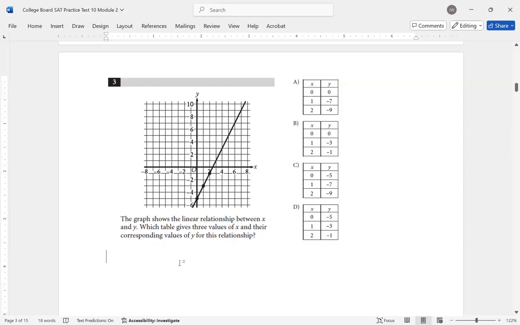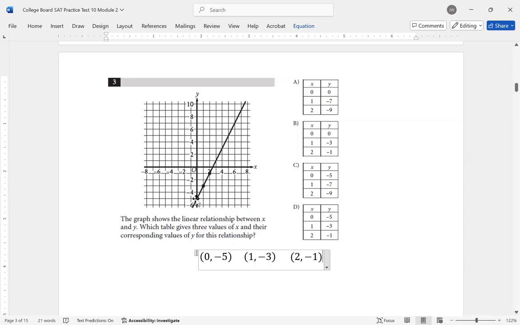You can hopefully see that when x is 0, the corresponding point is 0, negative 5. So we're going through 0, negative 5. When x is 1, the corresponding y value is negative 3. So we get 1, negative 3 as another point. And when x is 2, we can see that we're going through a y value of negative 1.